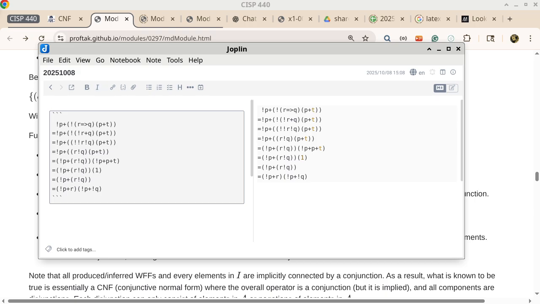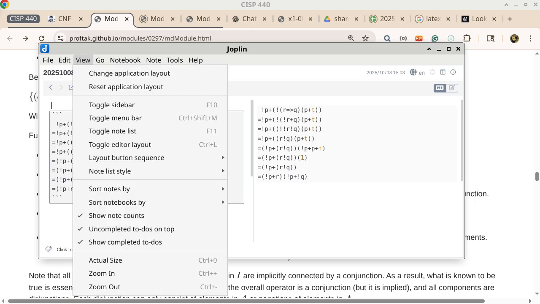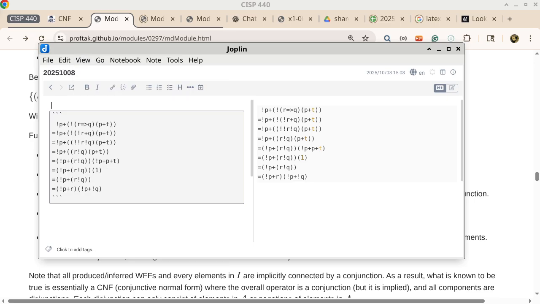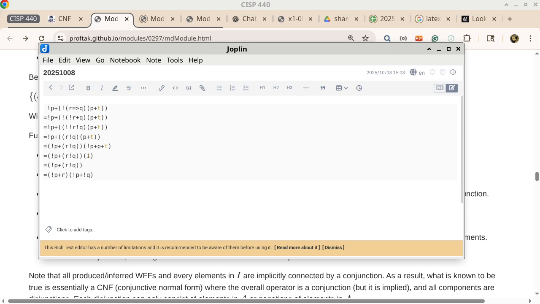That's a good question because I configured that a long time ago. It has several modes in terms of how you can do all your editing. I think this is how you toggle the editors.